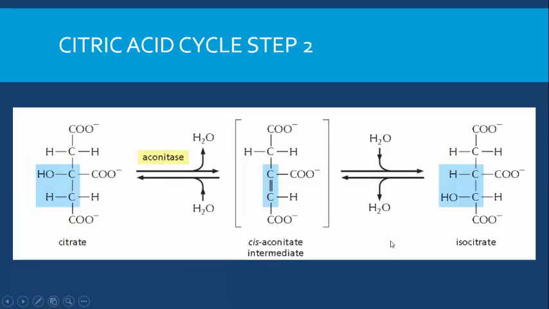In step 2, we again do a molecule shuffle or isomerization, rearranging the hydroxyl groups on the carbon molecules. This results in an isocitrate molecule.